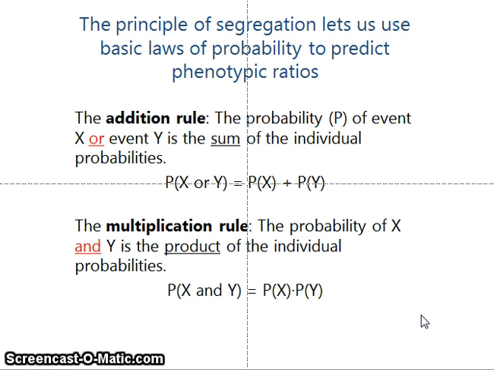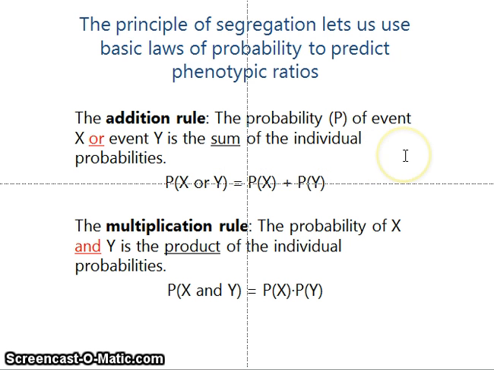The addition rule is applied when you're trying to figure out the probability of a first event or a second event. So if you want to know the probability of event X or event Y, you add them. This is the sum of their individual probabilities.